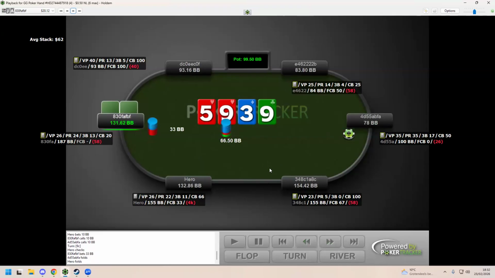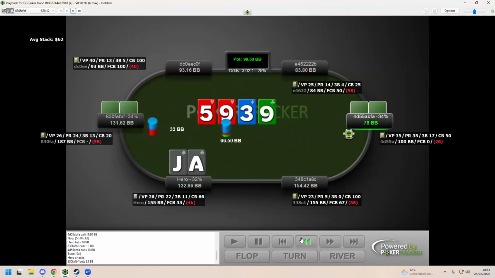But if one of them did fold, would you have liked a bet on the flop? I think you can. It depends on which player. Is it the initial raiser or the button player? Which one are you asking in the hypothetical?